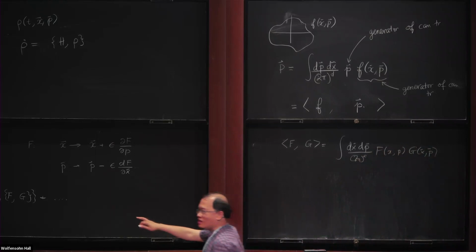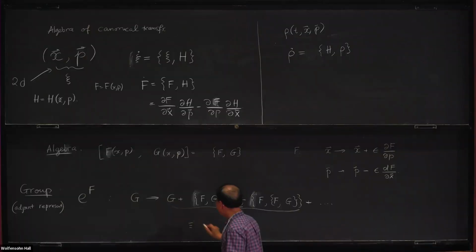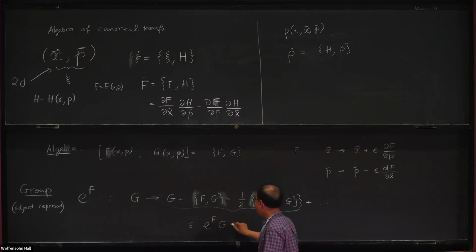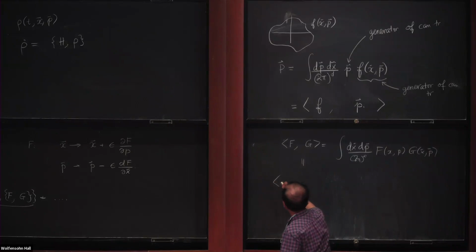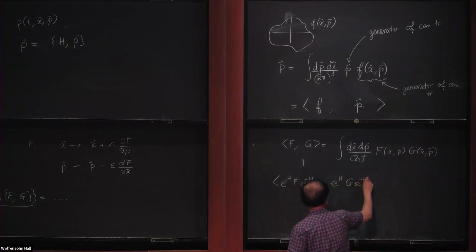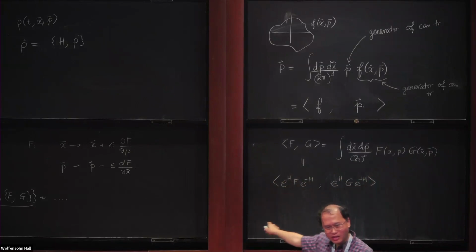So if I do this canonical transformation, which I will write using slightly sloppy language as e to the f, g, e to the minus f, then I can show that this is equal to e to the h f e to the minus h, e to the h g e to the minus h, when the transformation laws are given by this series on this board.